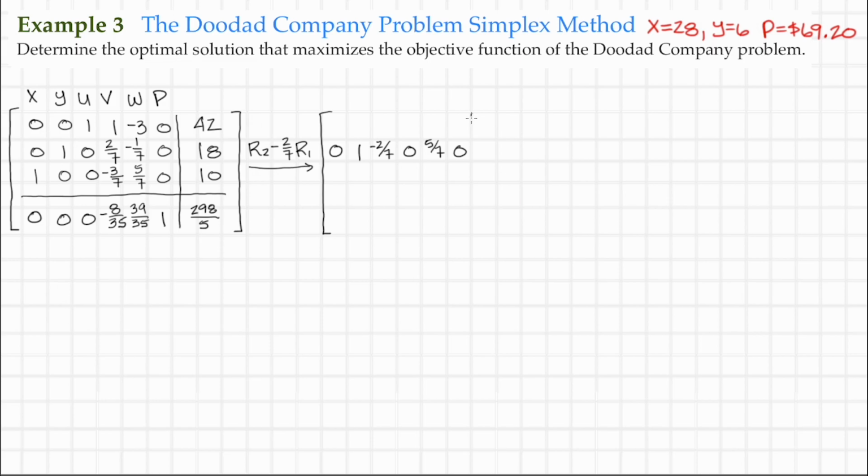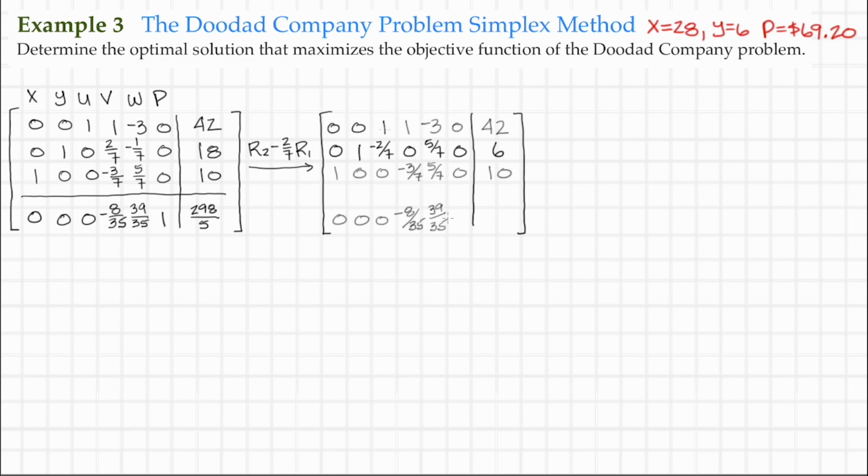And then we can put in our vertical bar. 42 times 2/7 is 12. 18 minus 12 is 6. Close off our bracket here, and then we fill in the rest. Put in our horizontal line. And as you can see, we're starting to turn this into a unit column.